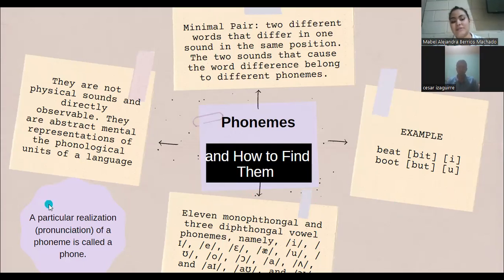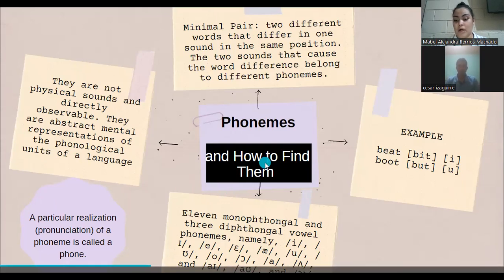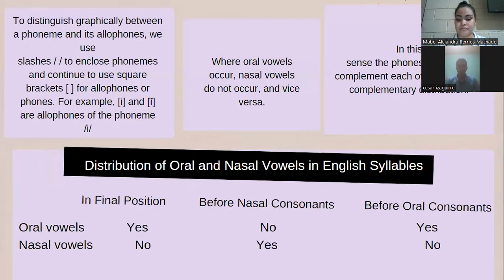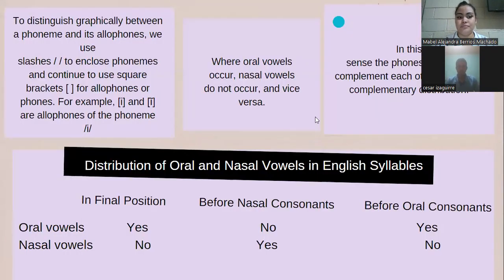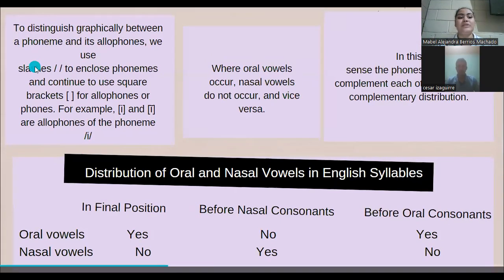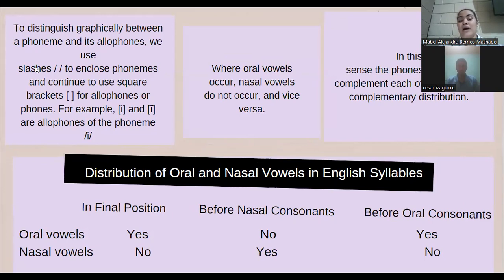A particular realization or pronunciation of the phonemes is called a phone. So the pronunciation of a phoneme is called a phone. So when we pronounce a word, we make a phone. Now, to distinguish graphically between a phoneme and its allophones, we use slashes.